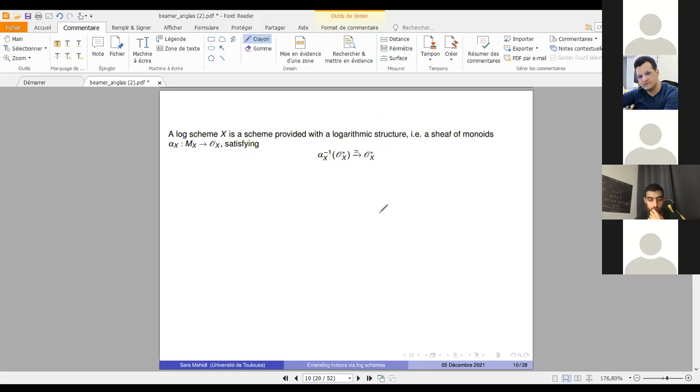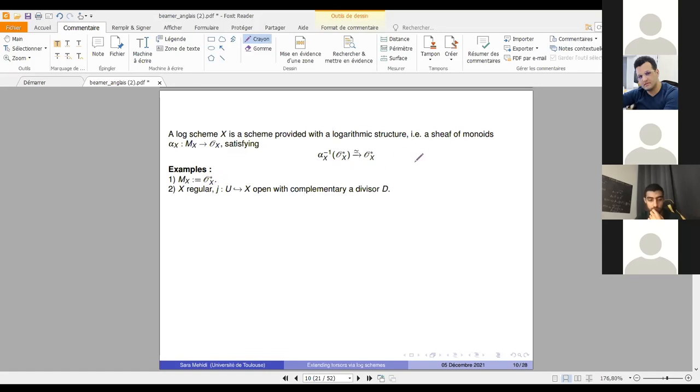This is a log scheme, and we note here that this is inside M_X, so in particular, M_X contains all the invertible elements here. So the first example that we take for M_X is M_X equal to O_X star, so the invertible elements here. And this is what is called the trivial log structure.